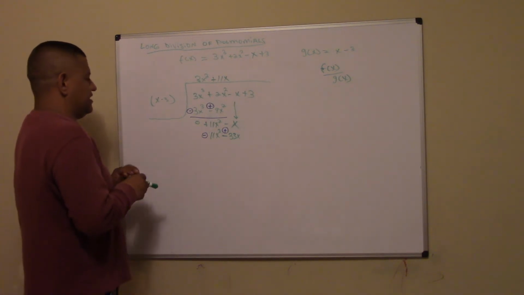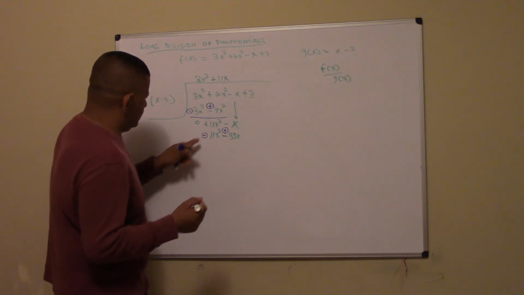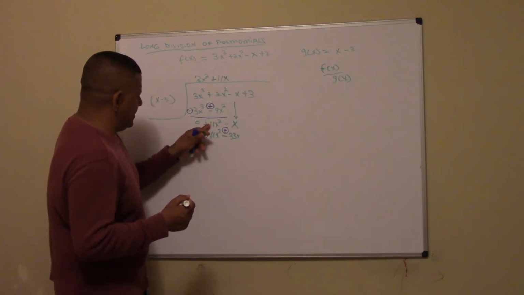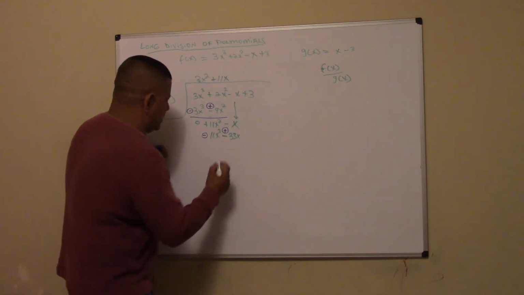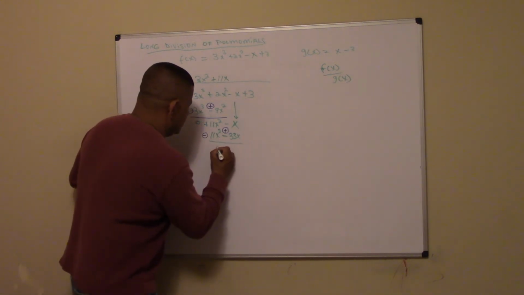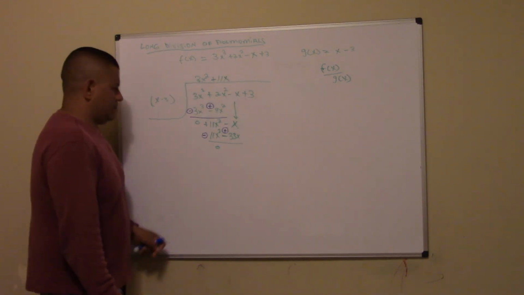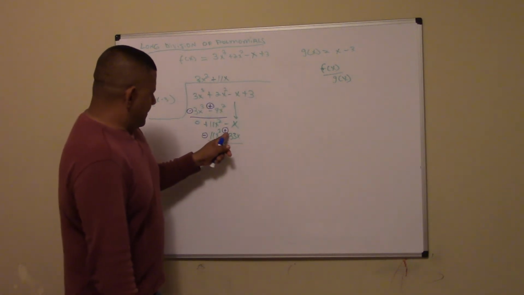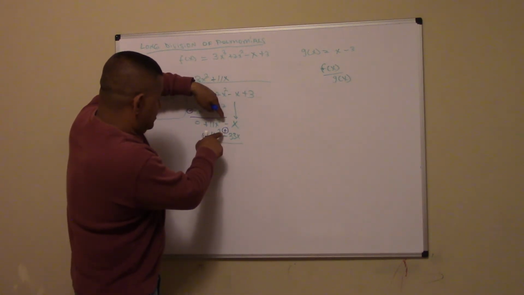Now I have this. Let's add them together. Negative 11x squared plus a positive 11x squared is equal to 0. That's what we want. I am using the new sign.